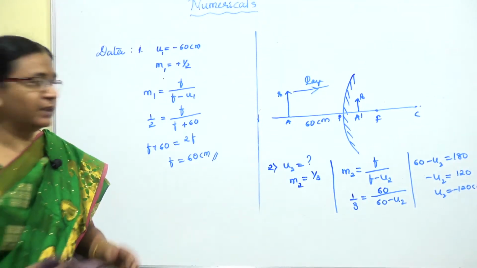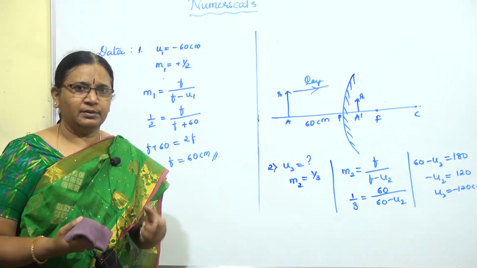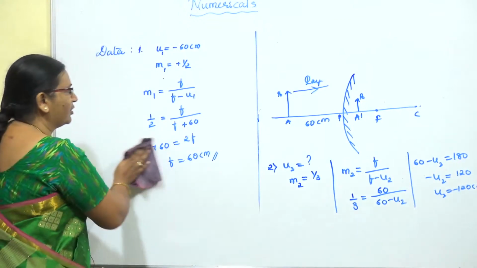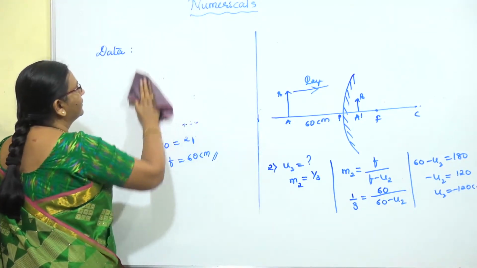Now before going for the next numerical, I will leave it to you to solve. It's on the area, but that concept I will explain. Instead of explaining the numerical, let us go for the concept.